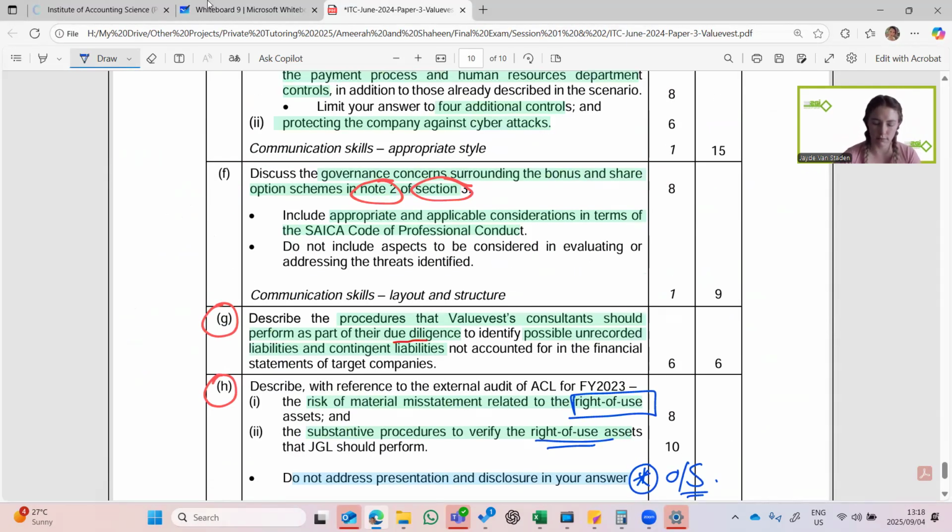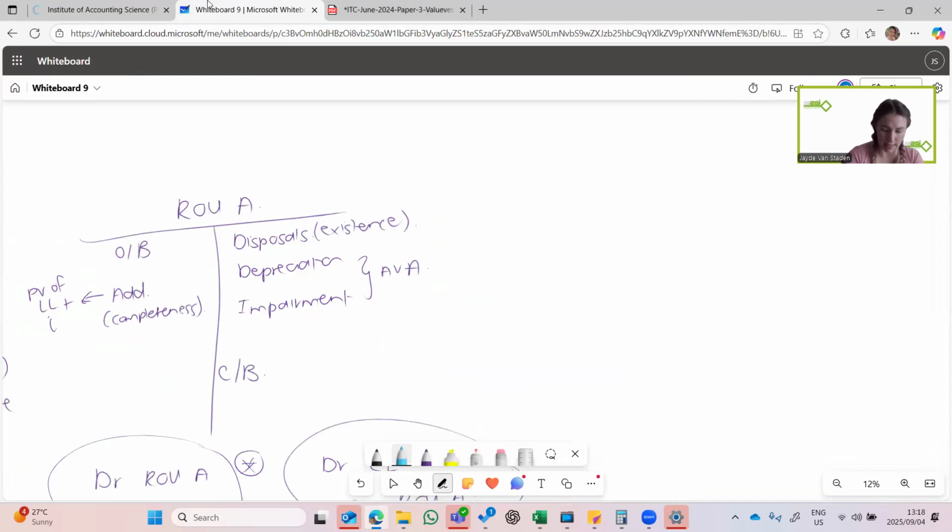Substantive procedures. So when we see substantive procedures, we can think of analytical procedures, if applicable, and we can think of our tests of detail. And now with our tests of detail, we need to use an audit verb.